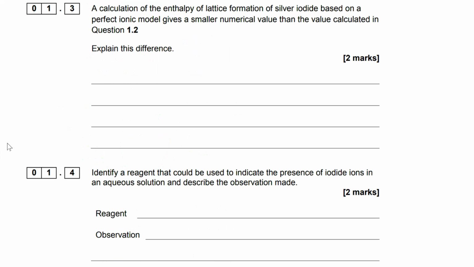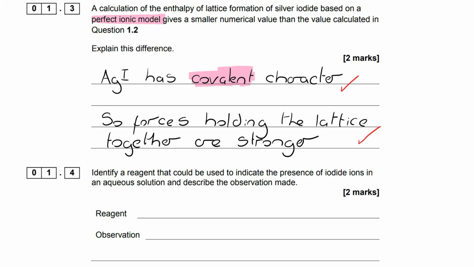On to 1.3 and 1.4 now. So on 1.3, we are talking about the perfect ionic model. That is a big giveaway that we're going to be talking about covalent character beyond the ionic character. Perfect ionic model implies entirely ionic character.